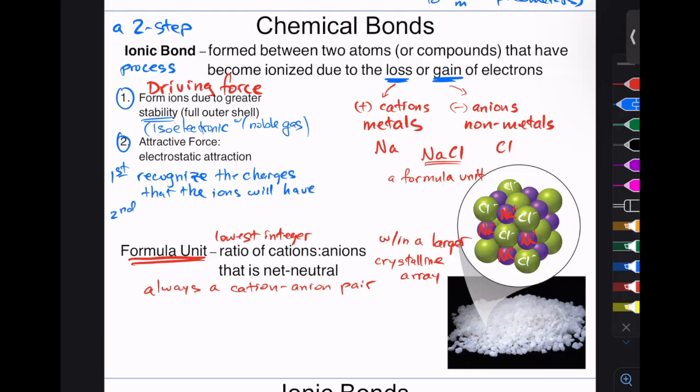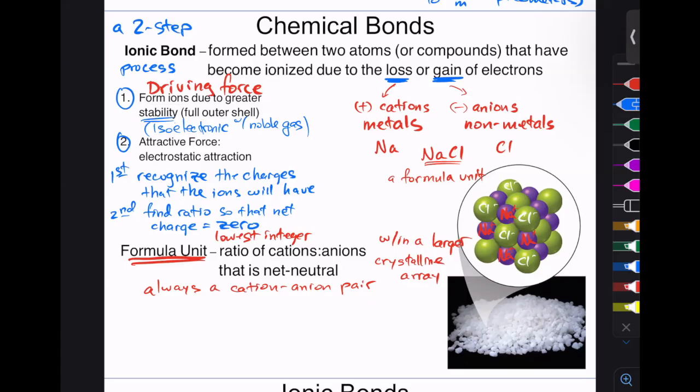And then the second step, and this is going to be the one that's new to you, we need to find the ratios of the cations and anions so that the pairing is net neutral. So find the ratio so that the net charge equals 0.